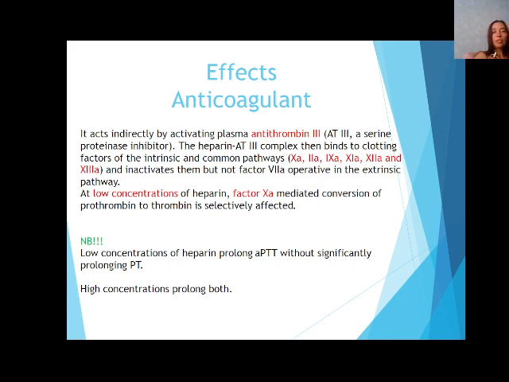Mechanism of action: firstly, heparin should combine with antithrombin 3, and then this heparin-antithrombin 3 complex binds to clotting factors of the intrinsic and common pathways, and inhibits 10A, 2A, 9A, 11A, 12A, and 16A factors. And at low concentrations, heparin inhibits primarily 10A factor.